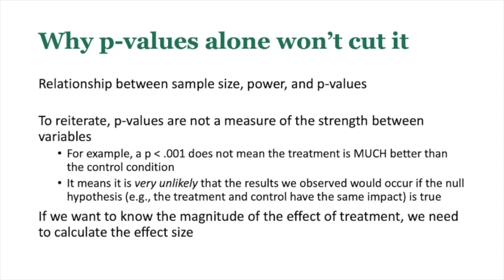So one way to think about this is, let's say we stepped into a world where there was no relationship between the two variables. So the treatment is not working. Treatment and control have the same outcome. So we're sitting in that world. And we're taking a bunch of samples and we're just looking at in each sample what differences there are between treatment and control.